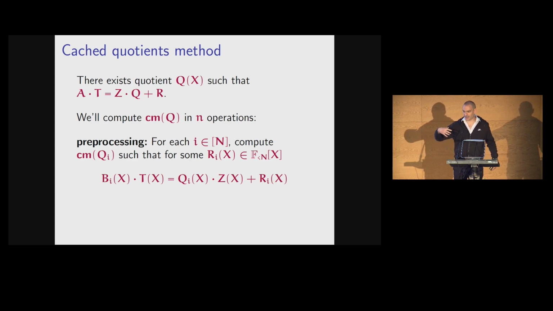It is the quotient that comes up when, for the i-th basis element that A is sparse in, we multiply by T and divide with remainder by Z. So B1 to B big N was the basis in which A was sparse, and Qi is the polynomial such that for the i-th basis element, Bi times T equals Qi times Z plus some remainder, Ri.